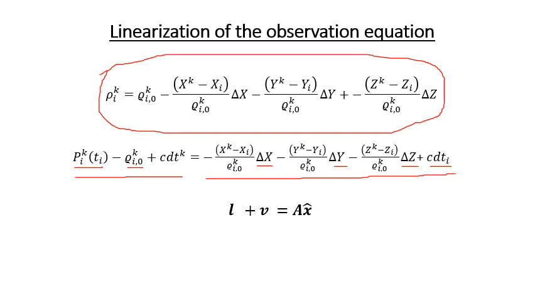So why do we introduce the receiver clock error? Because satellites use perfect clocks, so atomic clocks. On the other hand, receivers use clocks having a lower price, the so-called quartz clocks.